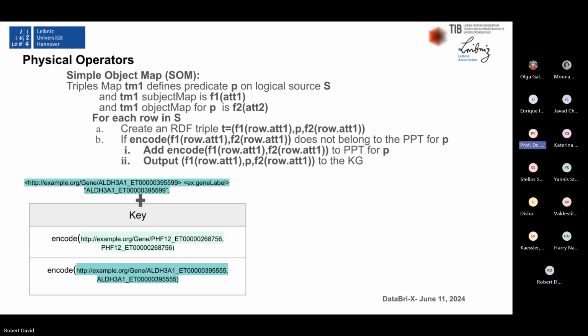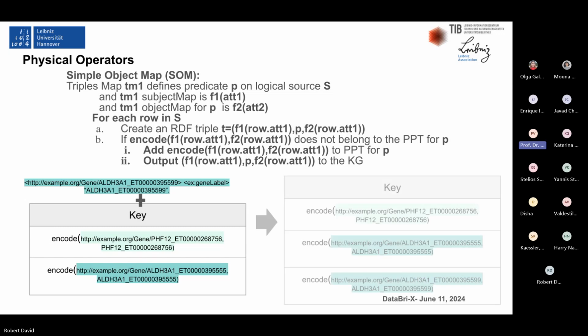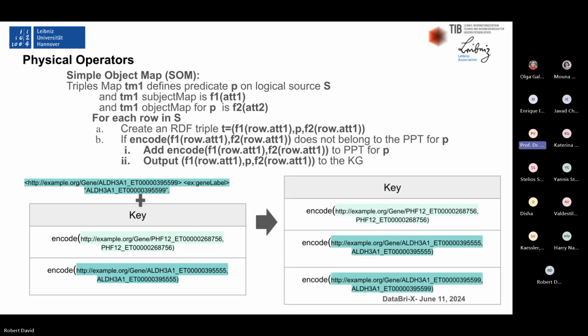We execute, in this case, the data set S, and we have the triple map with the subject and the object, and by using this operator we are able to generate new triples and avoid that the repeated or duplicated triples are generated more than once.